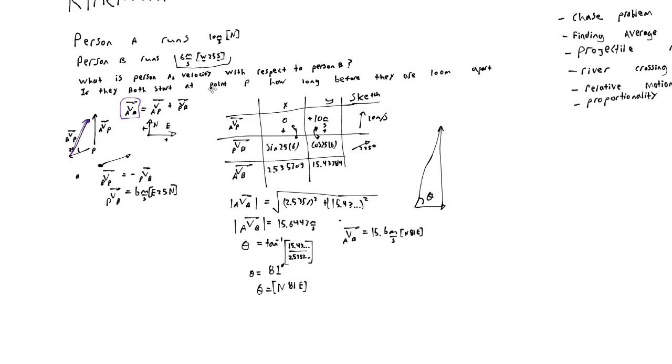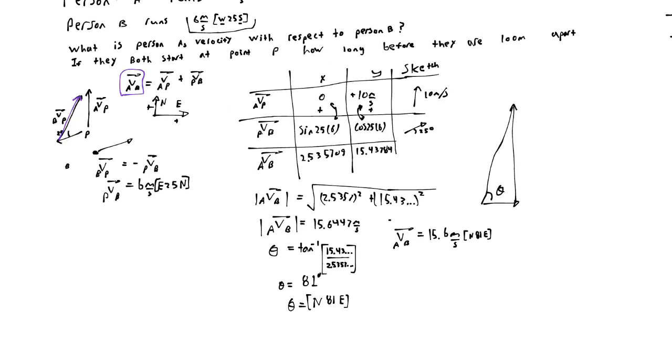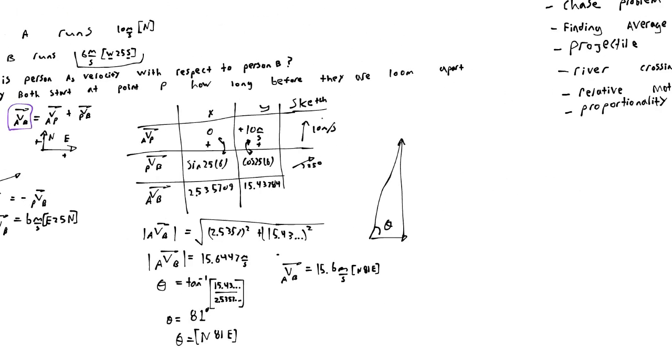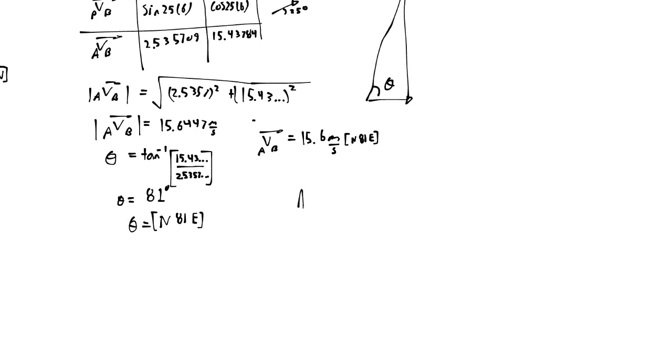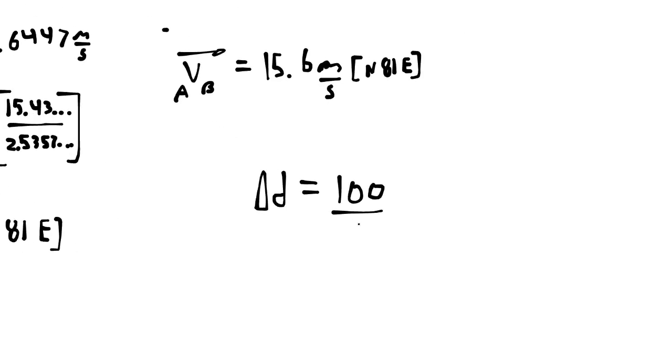And then finally, if they both start at point P, how long before they are 100 meters apart? So this one's pretty simple. You just take the distance and you divide by velocity, right? So say delta D equals 100 meters, and they're at the same angle, so you can just take away the angles. 15.6.